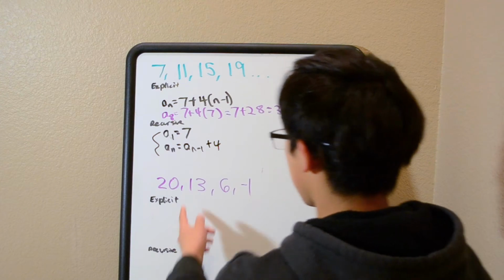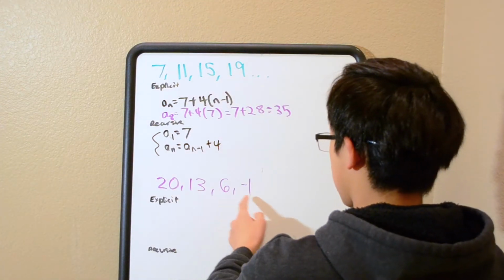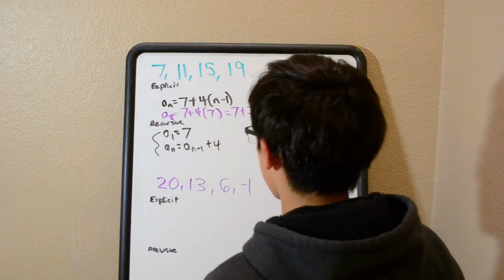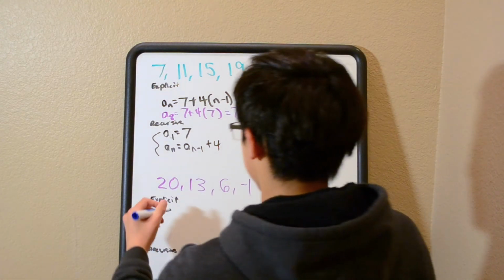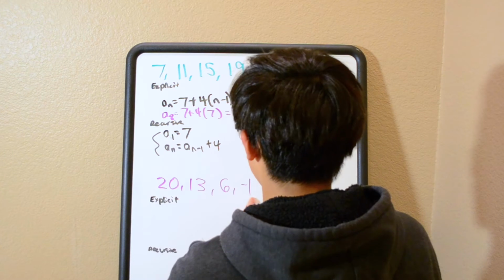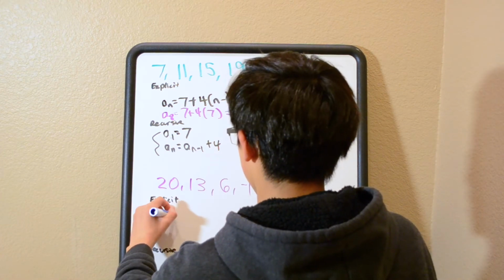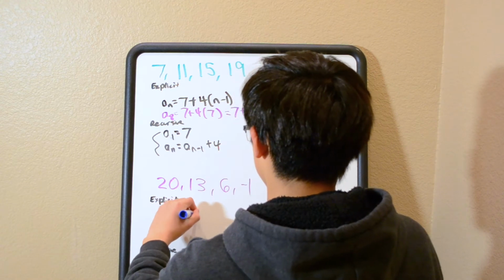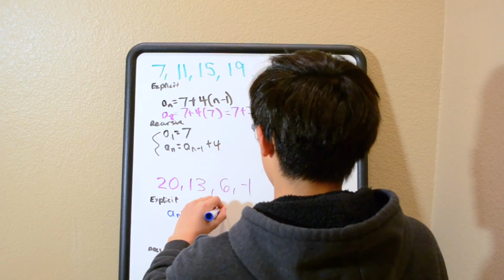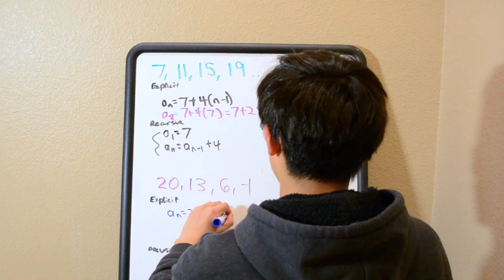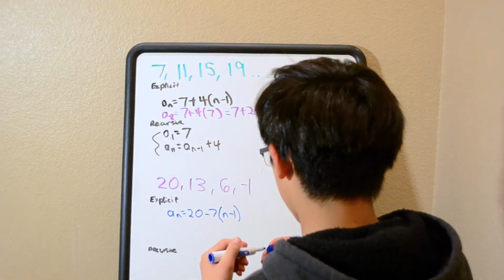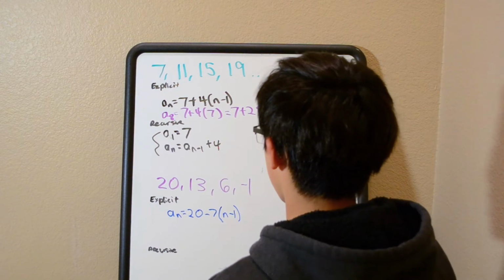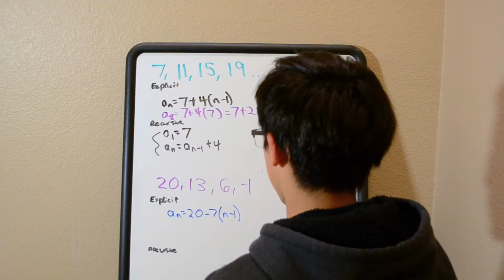Now let's move on to this one, 20, 13, 6, and negative 1. From here, we find that our common difference is negative 7, as we're subtracting 7 as we keep going. So a sub n is equal to the first term, 20, minus 7, times n minus 1. Let's say we wanted to find the 5th term for this one.